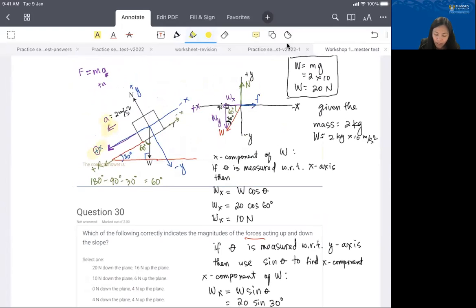It's along the positive x-axis. If we look at our free body diagram, that's our plus x, that's down the slope. And you can see it's the x component of the weight force that is in the direction of the downward slope.